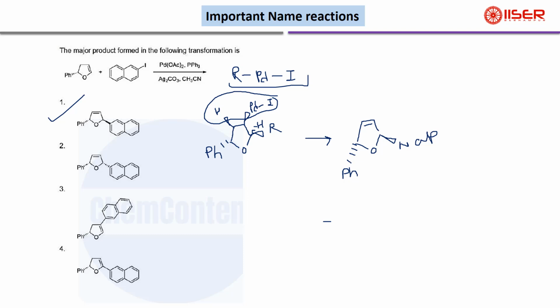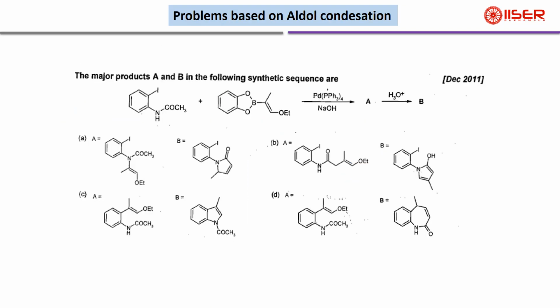Okay. Let's go to the next one. What will be the major products A and B? This is an example of Suzuki reaction. Whenever there is a boron and cross coupling reaction, it is called a Suzuki reaction. So what will happen in this case?